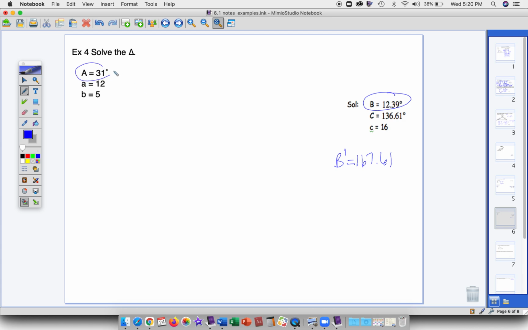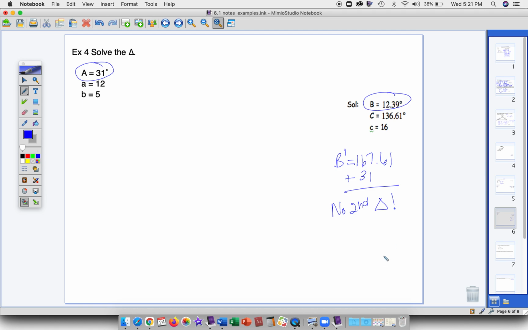If I take the original angle A and I add on to this, I am over 180, right? That's greater than 180 right there. I can't have more than 180 degrees in a triangle. There's no second triangle. So that's how you can tell.